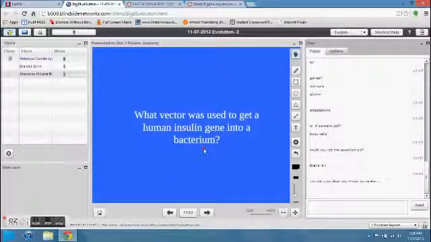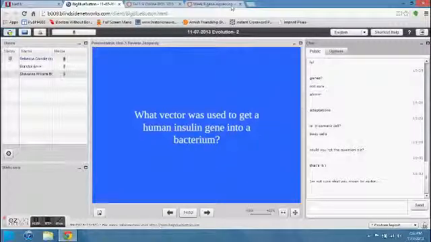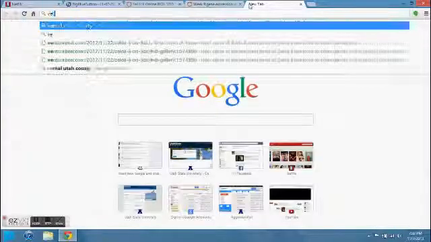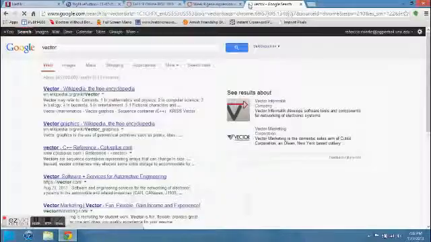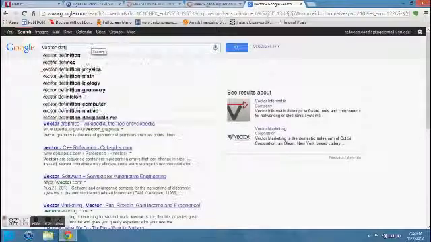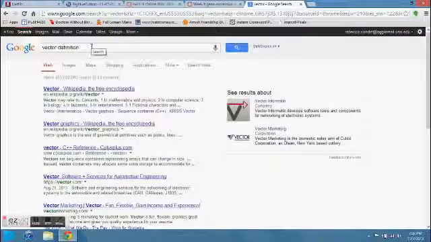Okay, so a vector is a mode of transportation, or a kind of like a midway point. I'm trying to think of the best way to define it.